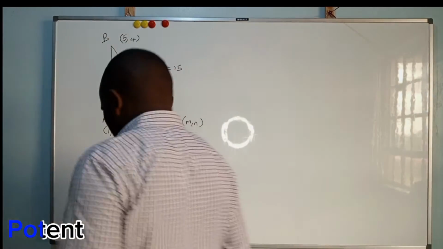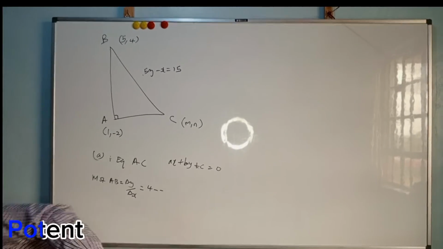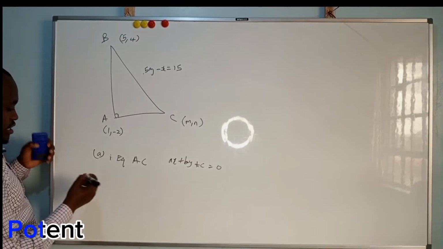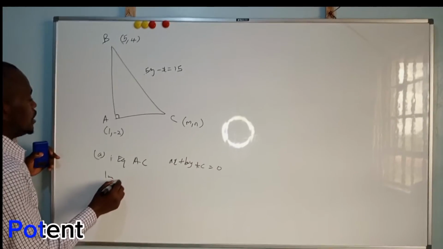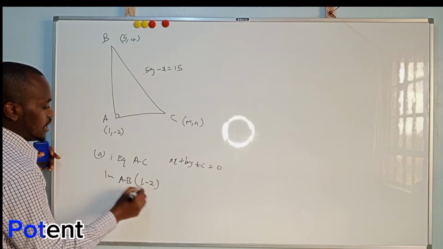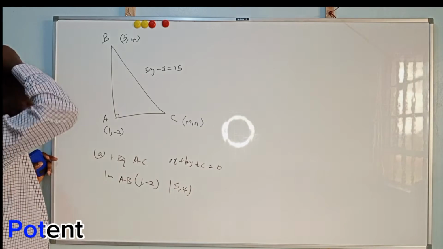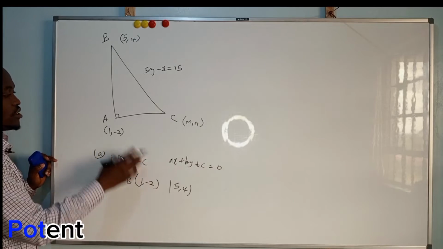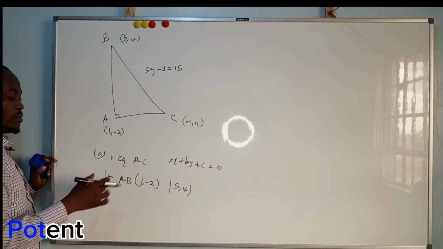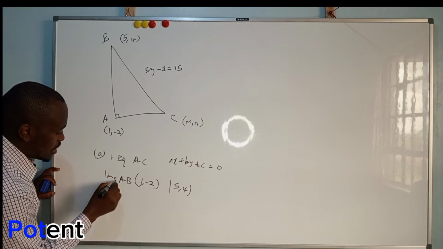So you have a line AB, which passes through point (1, -2) and also passes through point (5, 4). The reason I'm rewriting this is because it is easy to make a mistake when combining 4 minus minus 2. So this is line AB.